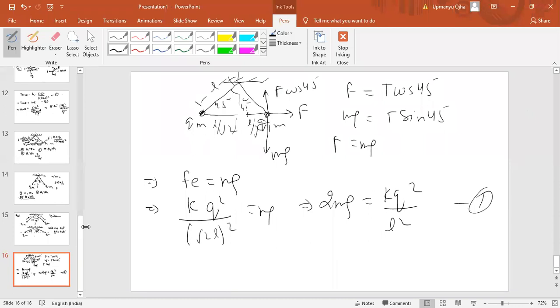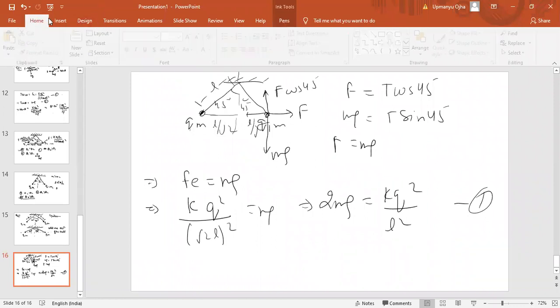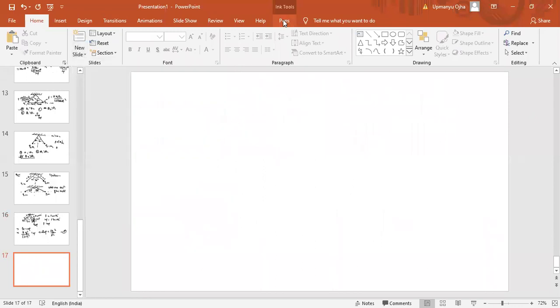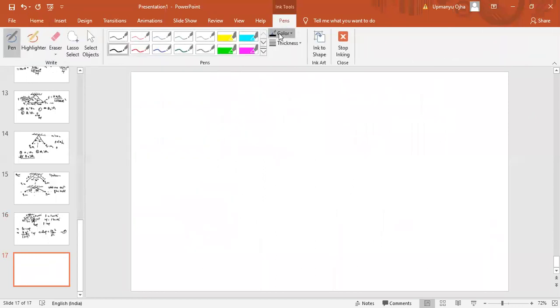This equation holds when the two point charges are at an angle of 45 degrees and in equilibrium. The second case is that we displace the point charges to an angle of 53 degrees from the vertical.